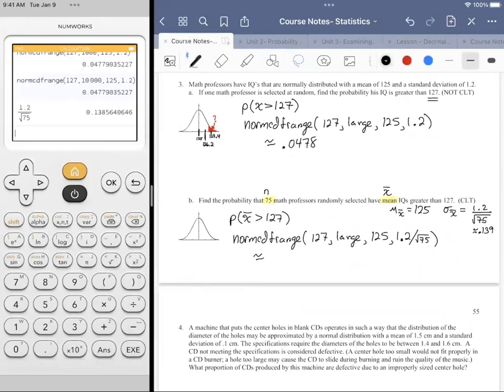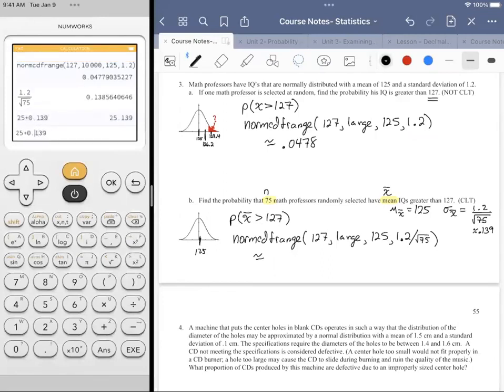And it's even more illustrated when you start labeling the graph. You start off with 125 and you want to go out 0.139. That gets you to 25.139. I'm sorry, it should have been 125, but you get the idea. I just lost 100.